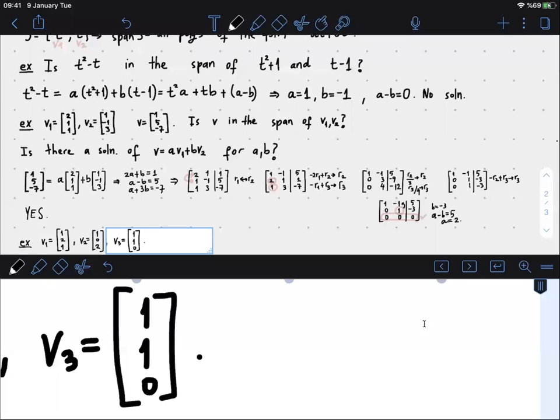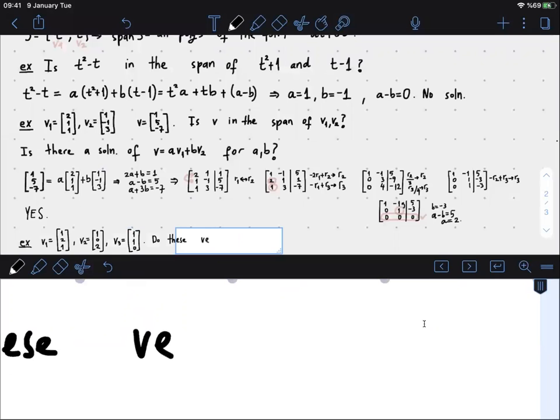What is the question? Do these vectors span R3?